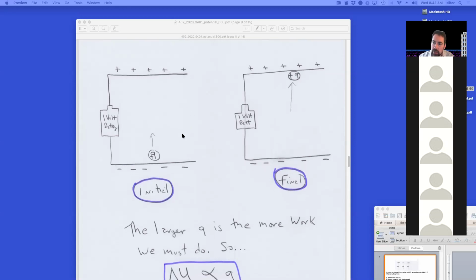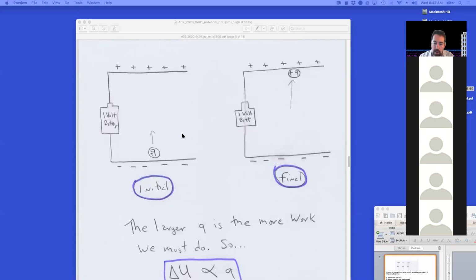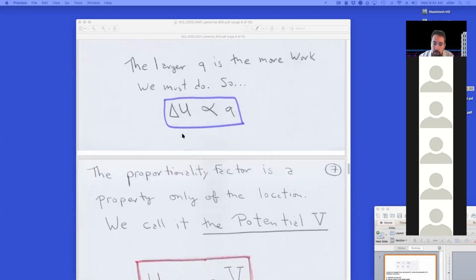In each of those cases, the work is in magnitude exactly equal to the change in potential energy. So from measuring 3 or 4 different places, I would get that proportionality factor.